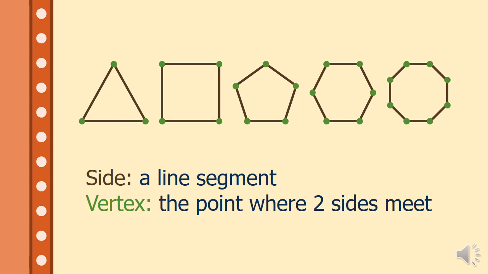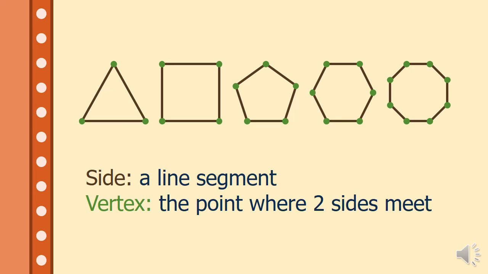These shapes that you see in front of you are all regular polygons because all of those line segments for each shape are the same size. So all of the line segments making up that triangle are the same size. If you would measure them, you would find that they were exactly the same. All of the line segments making up the square, or sometimes we say quadrilateral. Quad means 4.